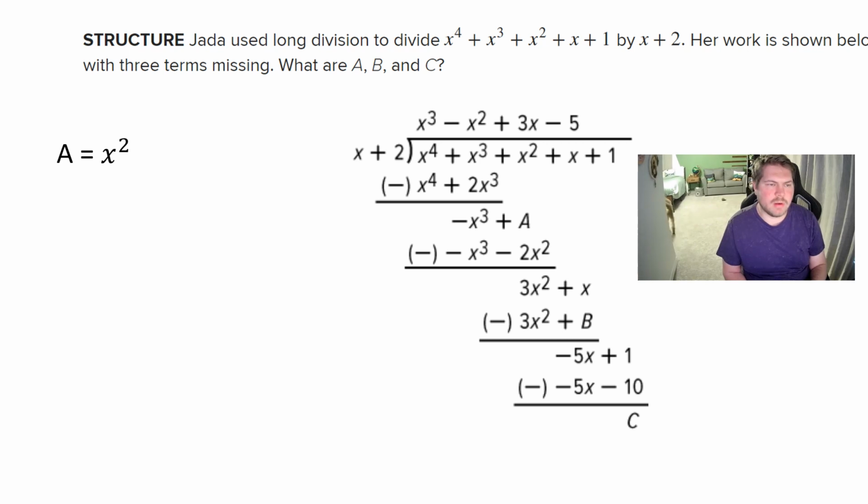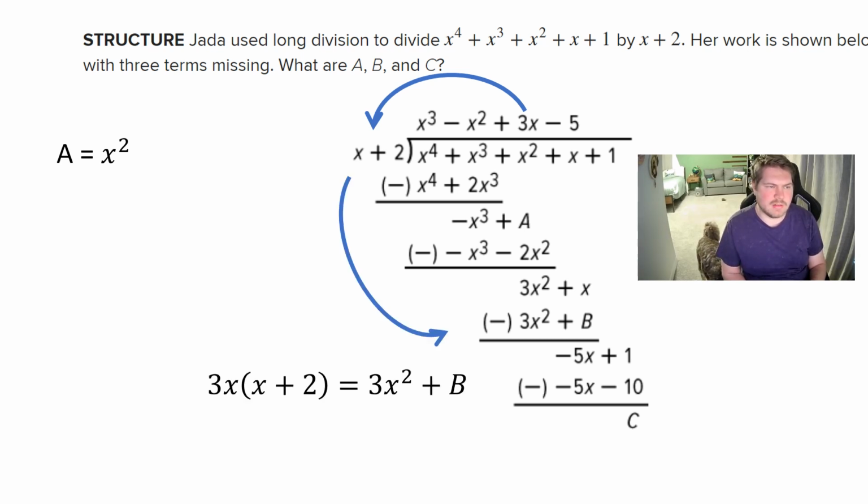Now, to find out what our B is, we need to consider that at this step, they did 3x times x plus 2 to get whatever they got right here. So they did 3x times x plus 2, and they got 3x squared plus b. Well, let's look at this. 3x times x gave us 3x squared. 3x times 2 gives us 6x.